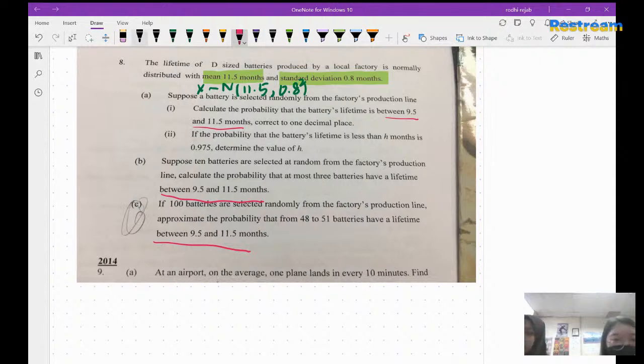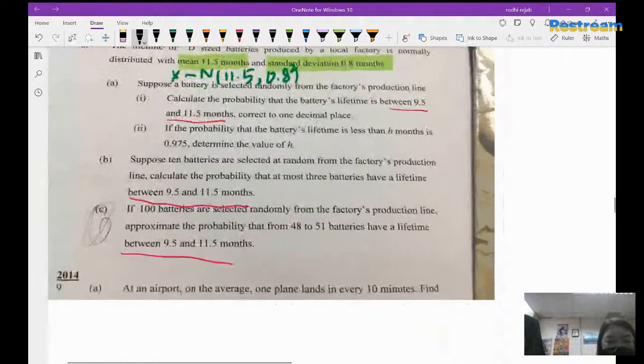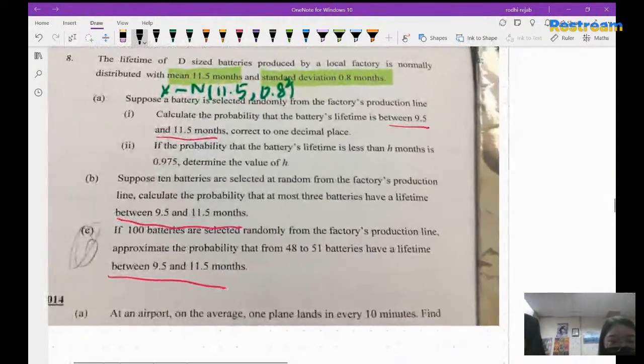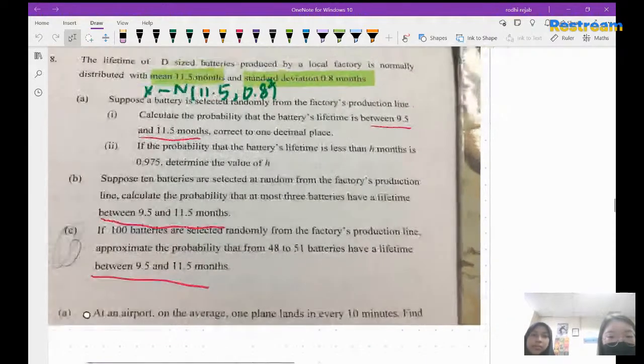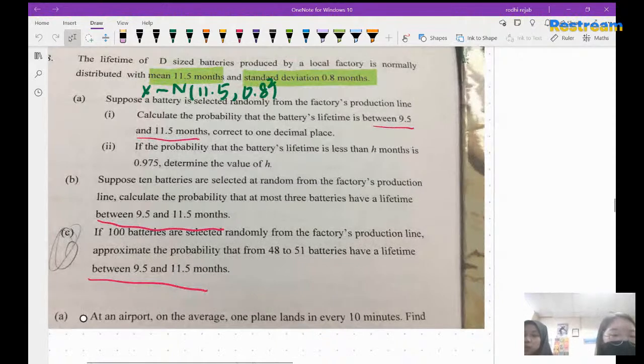Okay, so I'll explain question A1 first. This one dia tanya the probability of the battery lifetime is between 9.5 and 11.5. So we do the normal P 9.5.